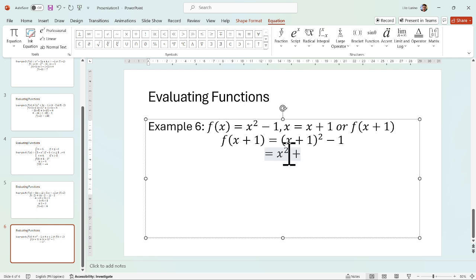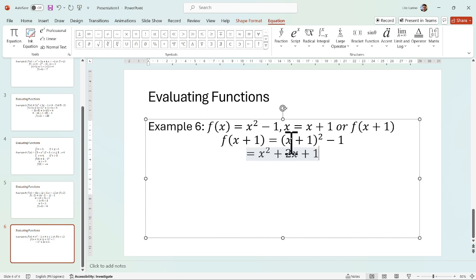Then the middle term is twice the product of the terms. The two terms are x and 1. x times 1 is x, and twice x is 2x. That is plus 2x. And to get our constant term, we get the square of our second term. 1 squared is also 1.